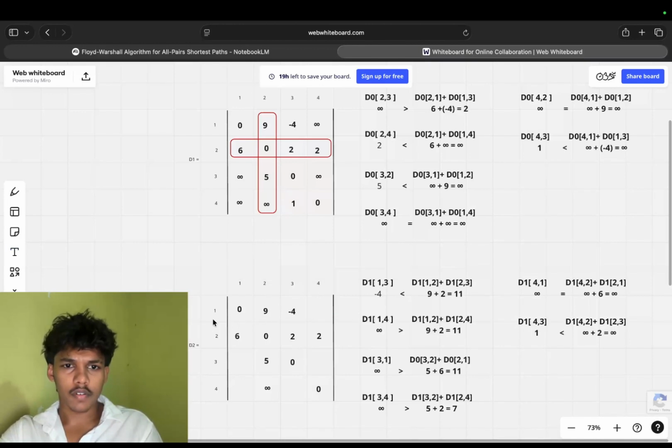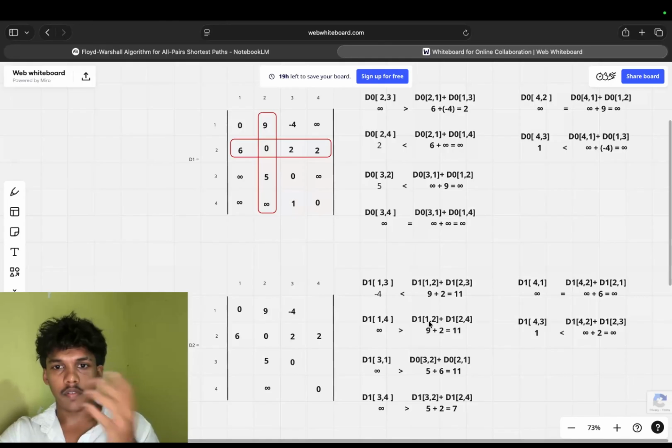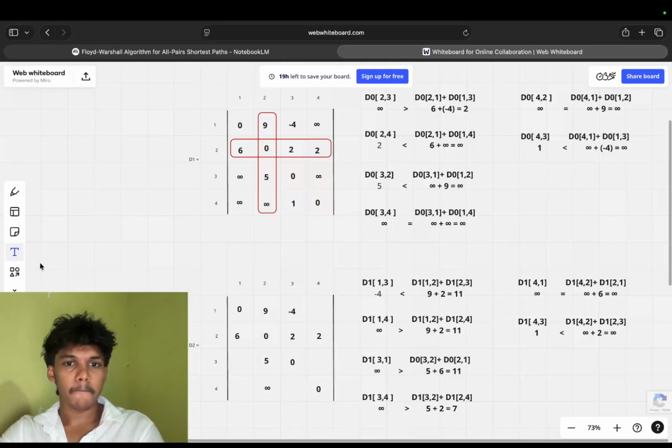Then we have to choose 1 to 4. Okay, 1 to 4 is infinity, but by getting the middle element, 1 to 2 plus 2 to 4, 1 to 2 is 9, 2 to 4 is 2, so the answer is 11.